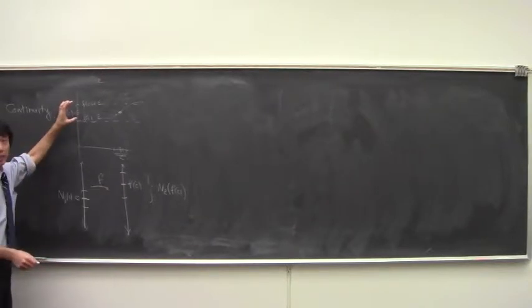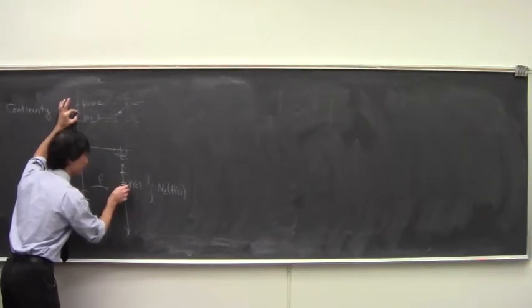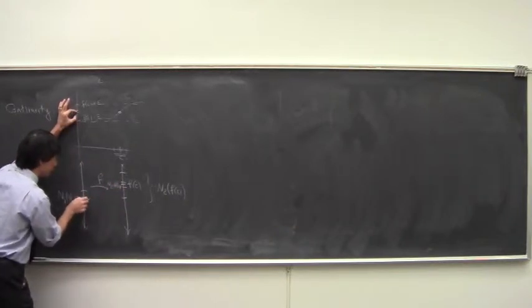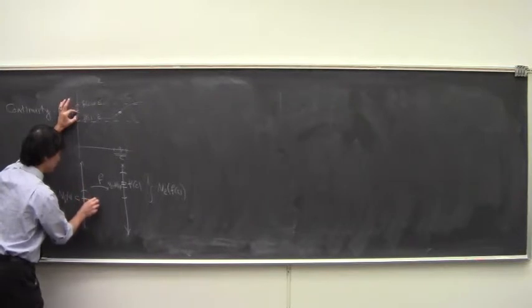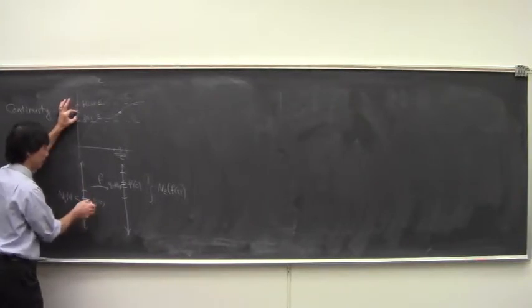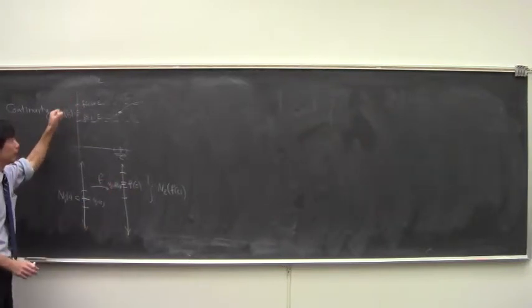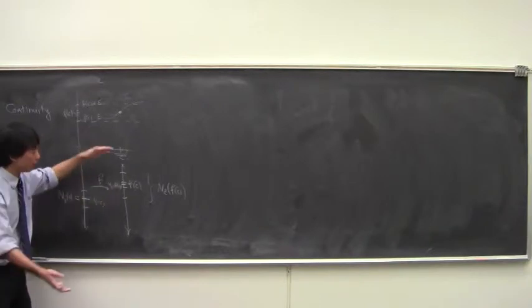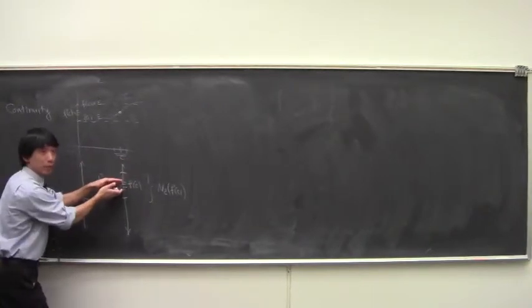And more than that, when somebody gave us a tighter neighborhood, say epsilon prime, of f of C, we were able to find a different delta neighborhood of C where everybody gets mapped into that one. And you're able to do that for every epsilon. No matter what epsilon neighborhood you're given here, there's a delta neighborhood that gets mapped into it, right?